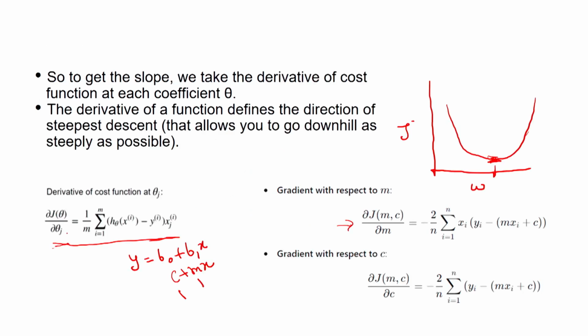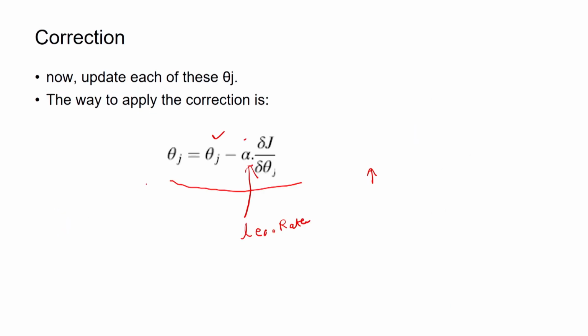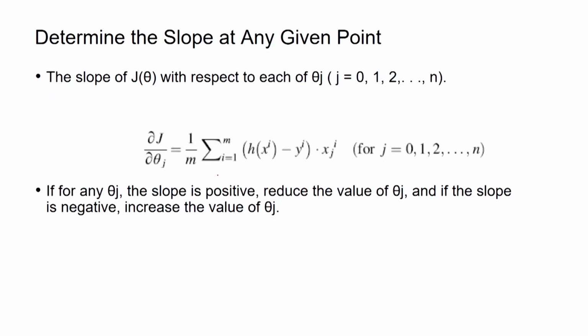So, we have taken the derivative of the cost function with respect to each parameter. When we are updating one parameter, we will use the derivative of J with respect to that parameter, and we can take this for all the instances.